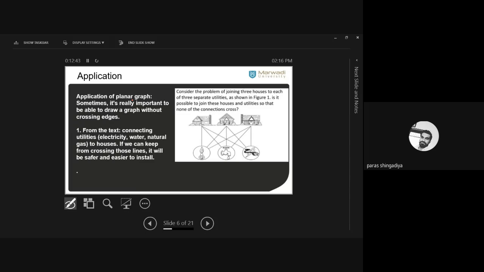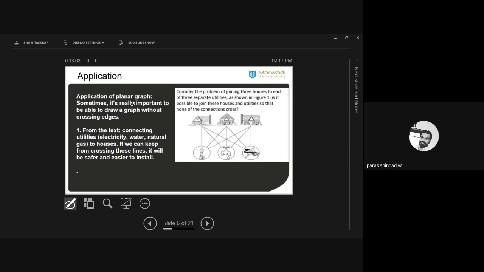Clear? So we develop the network such that for any house, any building and so on, no utilities cross at any place. It will be safer for the future as well as easy to install for any building or any other network.